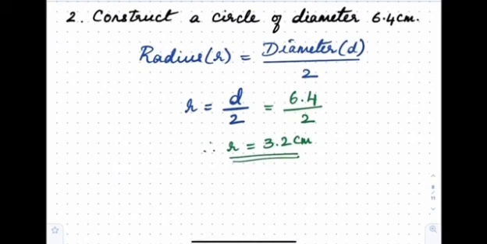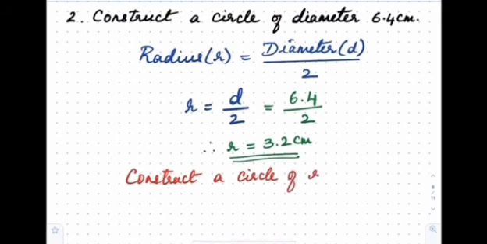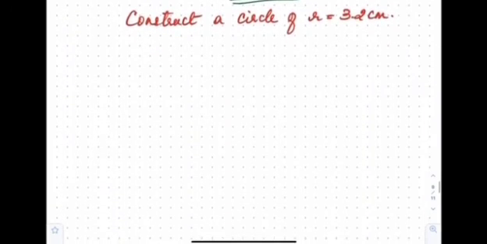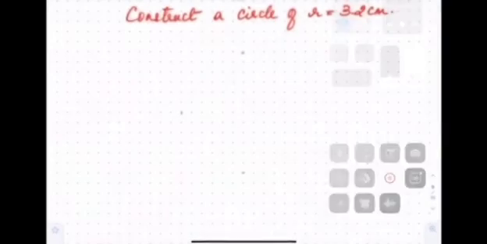Now the next step would be, we need to construct a circle of radius 3.2 centimeters. Clear children? Now we will construct a circle of radius 3.2 centimeters.